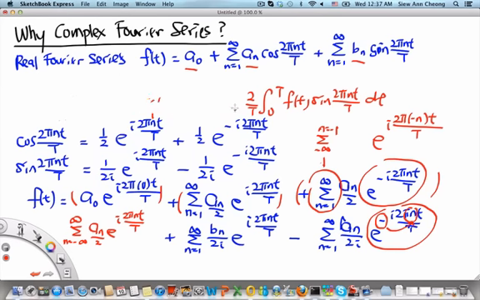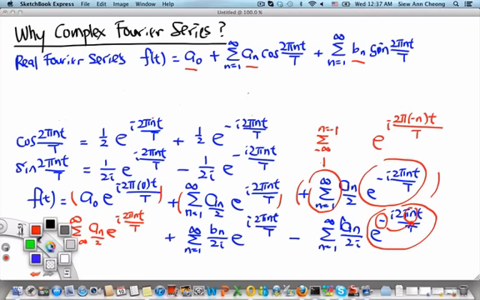I don't want to clear the page at this point because most of the results are on this page, and I wouldn't be able to remember some of the more intricate expressions. So I'd rather erase some stuff and then continue writing here. If you need to see these formulas again, you can always rewind the video and see what they are, and then come back and look at this again.